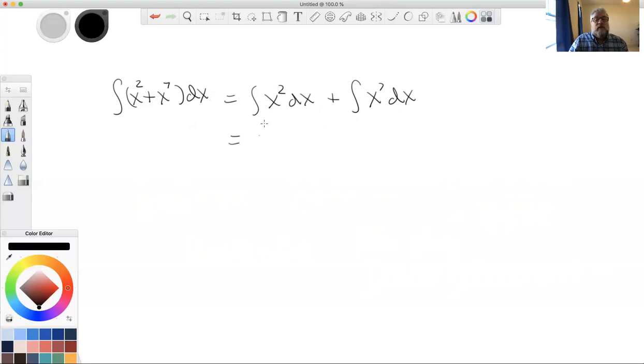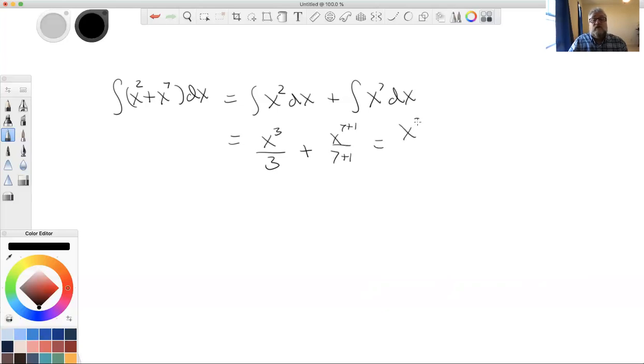So this will be, let's see, x squared, n is 2. 2 plus 1, what is it? Everybody say it? 3. Good. So this will give me x cubed over 3 plus x to the n plus 1 over n plus 1. n is 7, so this will be x to the 7 plus 1 over 7 plus 1.